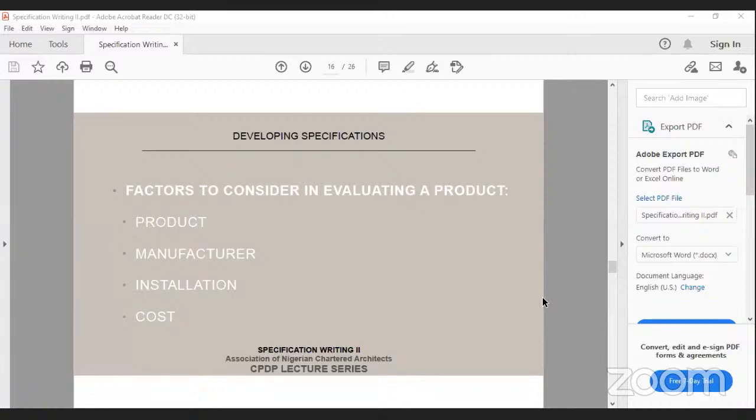Let me give an example. Something that even we quantity surveyors do when putting in their bill of quantity: they'll say two applications of paints. Almost everybody knows that apart from highly selective paint products, most over-the-shelf paint products will tell you to apply a minimum of two coats of paint to finish your application.